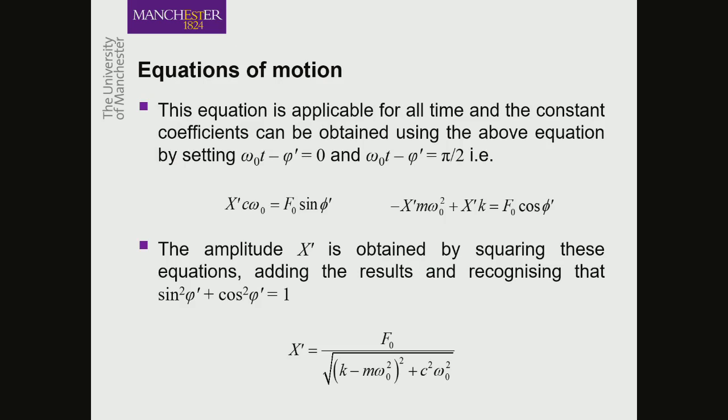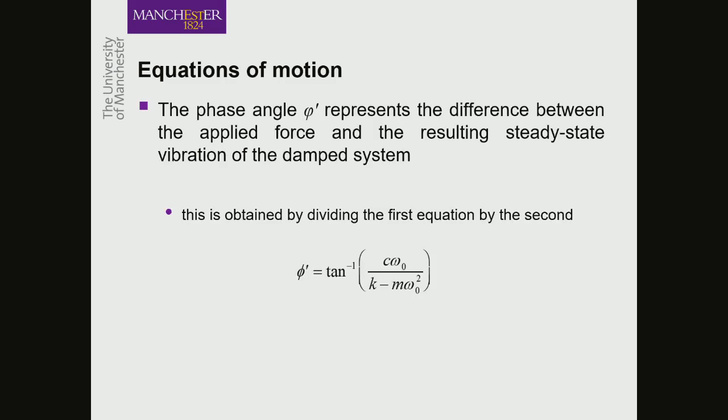You have periodic motion, and x prime is the amplitude, the maximum value of this displacement. And there is a phase angle, phi prime, which by mathematical manipulations we can calculate as a function of different parameters such as omega 0.